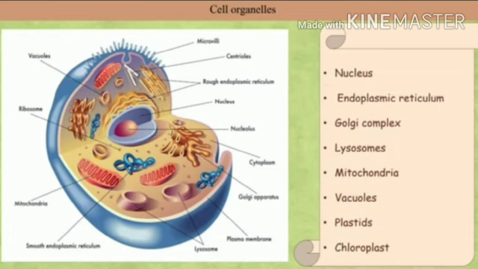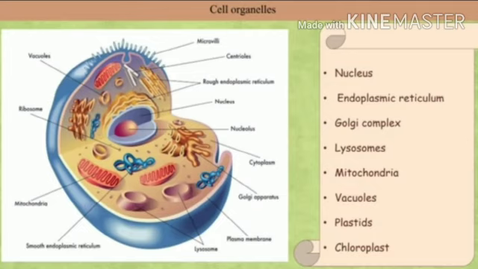Cell organelles. An organelle is a specialized subunit having a specific function within the cell. They are organs of the cell. See the list of the cell organelles which are present in the cell, that is nucleus, endoplasmic reticulum, Golgi complex, lysosomes, mitochondria, vacuole, plastids and chloroplast.